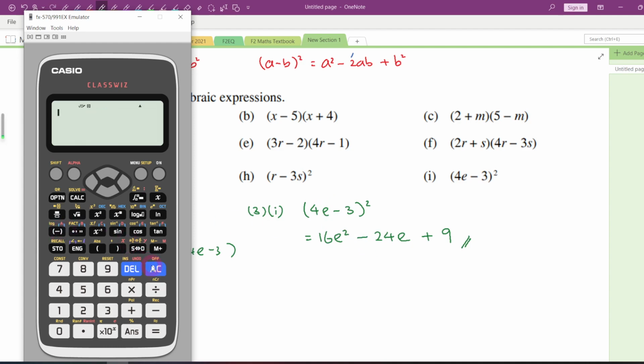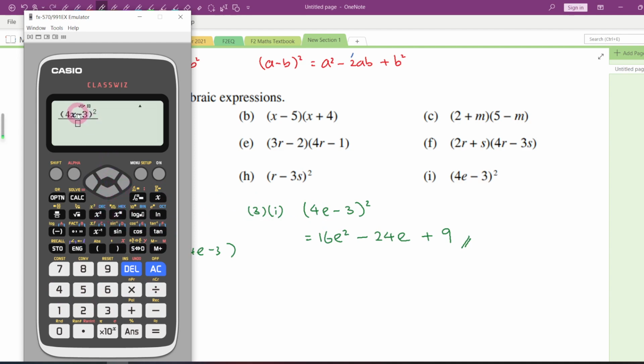So let's say I want to test, am I doing the expansion correctly? So I can do it this way, but normally we don't have to do like this because it takes time. But if you have extra time, you want to test whether the answer is correct or not, you can do it this way. Okay, let me key in this whole thing for x. I will use x, will be easier, for x minus 3, and then I square it.